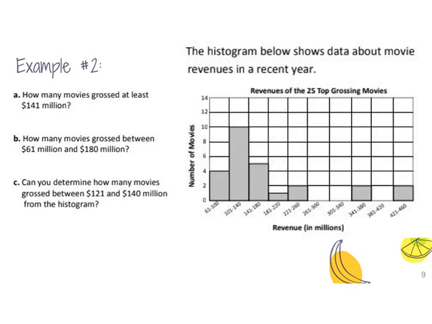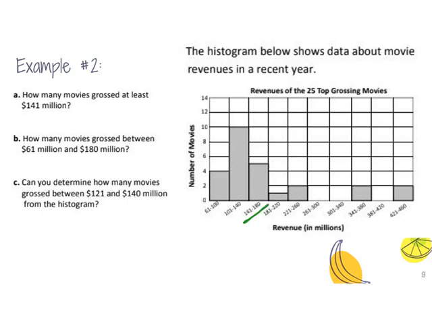If we are given a histogram that shows the movie revenues in a recent year, we want to know how many movies grossed at least $141 million. If we look at our $141 million, that's what this number here is.